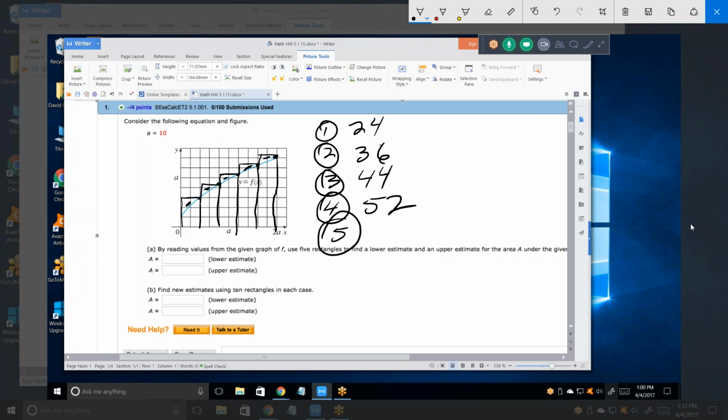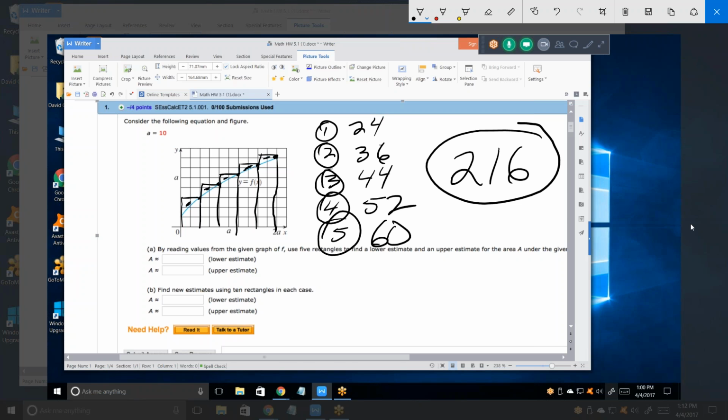And this last one goes to 10, 12, 14, 15. 4 times 15 is 60. Add all of those up, we get 60, 104, 156, 216. That's the upper estimate of the area under that blue curve. Go ahead and put that in for your upper estimate answer. All right.